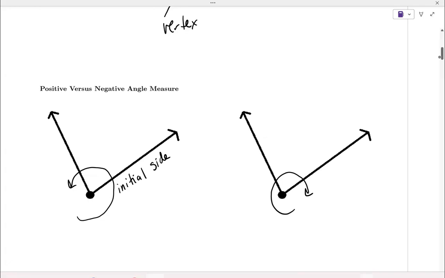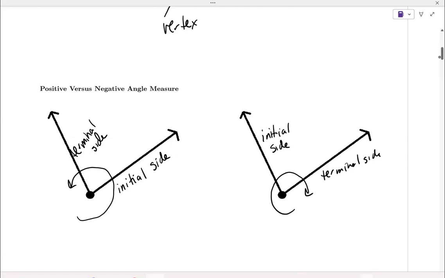I would start on that side to measure. This is going to be the terminal side. It would flip-flop in the other picture because I went from left to right rather than right to left. So in this picture, this would be the initial side, and this would be the terminal side.